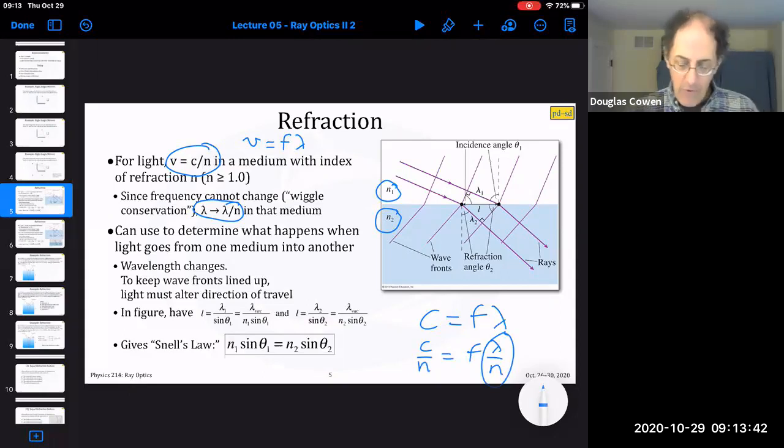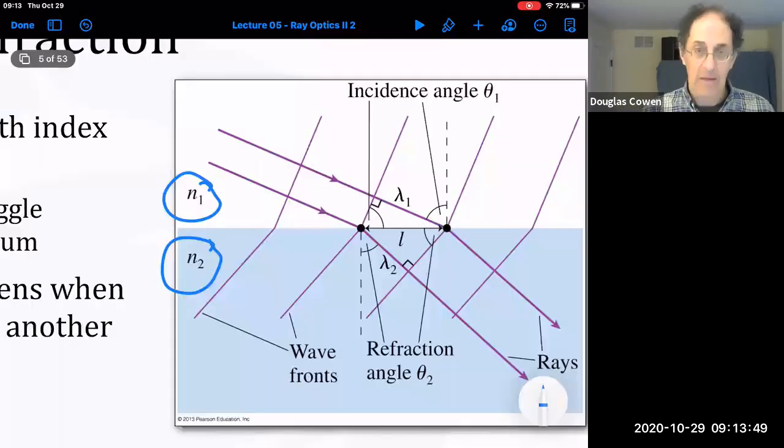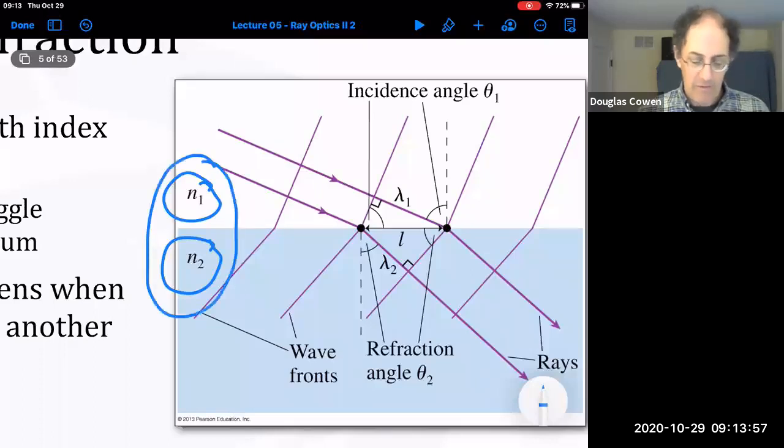So you can go through the trigonometry using that fact, and that's shown over here. I'm not going to go through this in any detail, but let me just highlight the important elements of this figure. So I already indicated that there are 2 different indices of refraction here, N1 and N2.